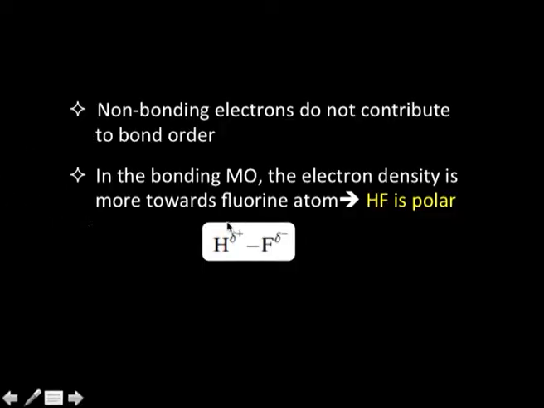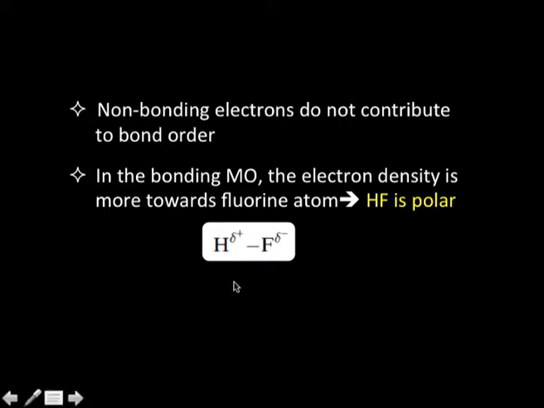One more important observation here: in the bonding molecular orbital, 2 sigma, the electron density is more towards the fluorine atom, because the fluorine energy level is lower and the hydrogen one is higher. So, when the two combine, this bonding molecular orbital 2 sigma has more contribution from fluorine, and when the electrons occupy this level, they stay closer to the fluorine atom.